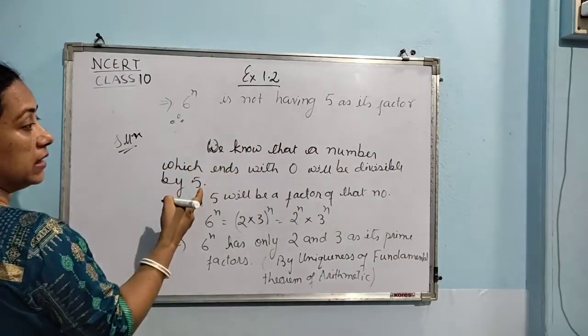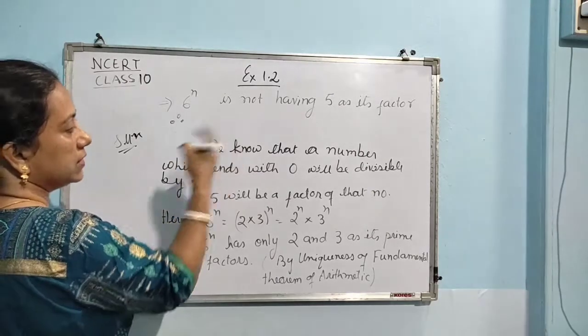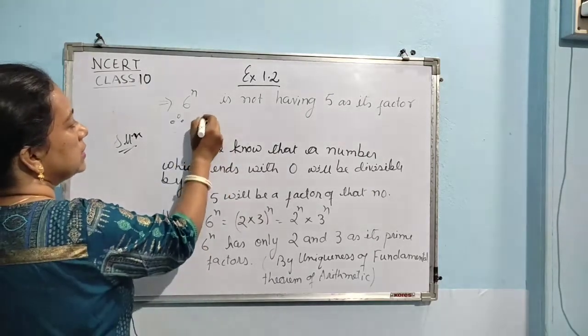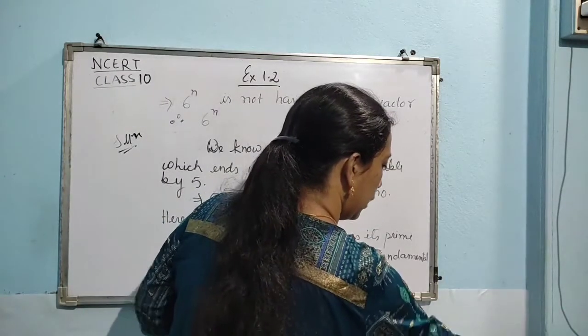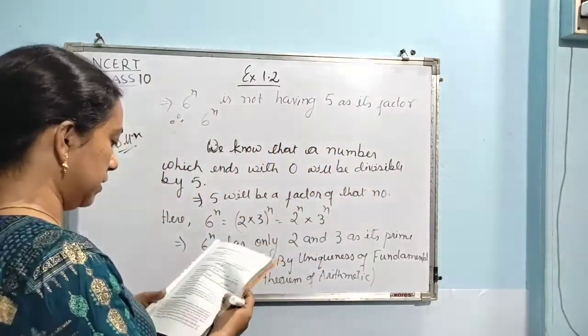If it is not having 5 as its factor, therefore 6 to the power of n, as it has been given in the question, you go and follow that particular language only.